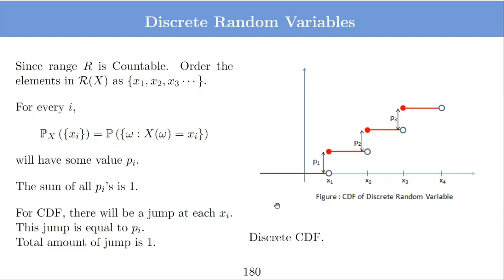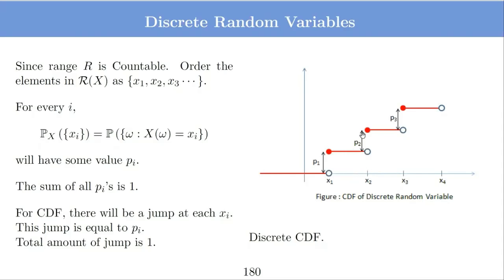Okay, so if you order them in increasing order, you will find this would be the CDF. Suppose the support takes 4 values. Once you include x1, you will take a jump of p1, which is equal to the probability of the singleton set containing only x1.